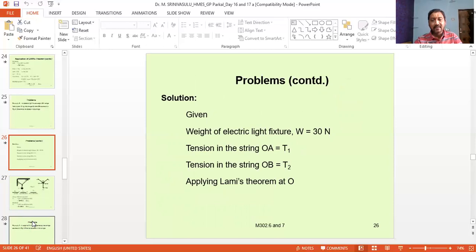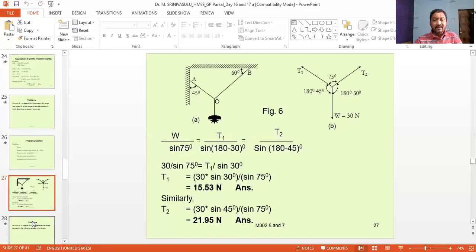Now, by applying Lami's theorem, what is happening here is that the picture is supported by two strings, and three forces are acting.